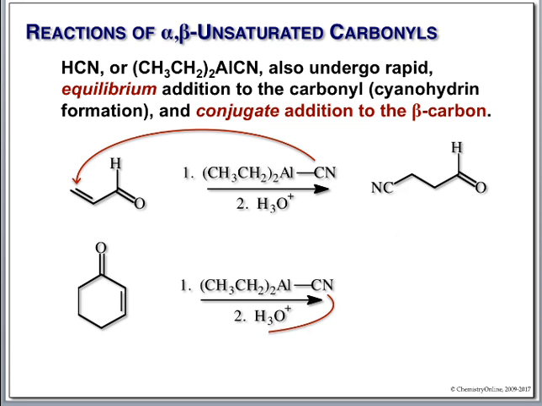Going to add the carbon to this point, oxyanion, pick up a proton here, and we get this nitrile. If you think about it synthetically, we've added a carbon atom here. And again, when you're doing synthesis, you want to build a chain. So this is a nice way to introduce a single carbon atom.